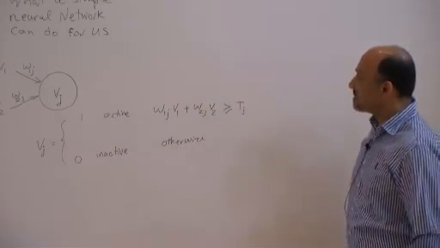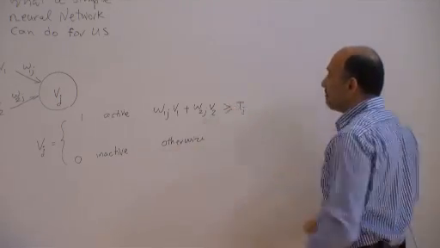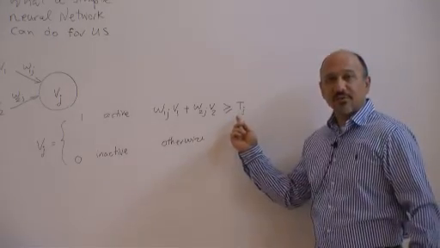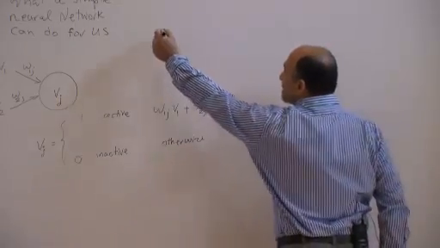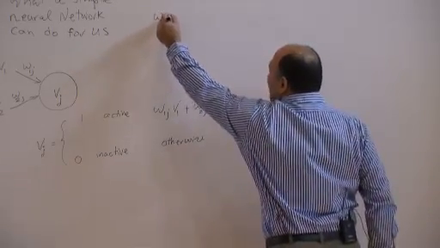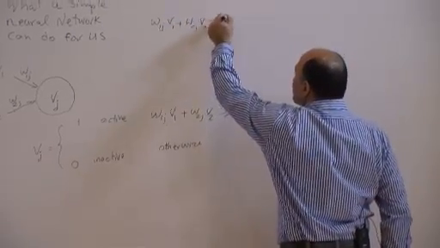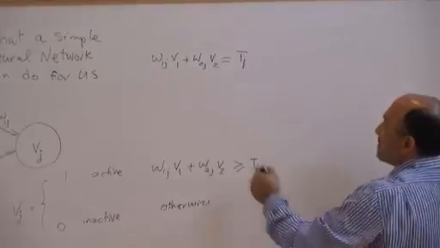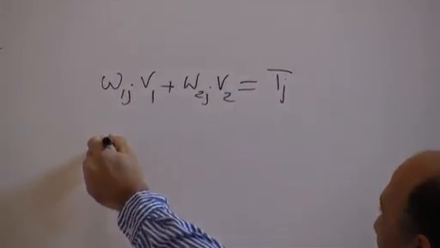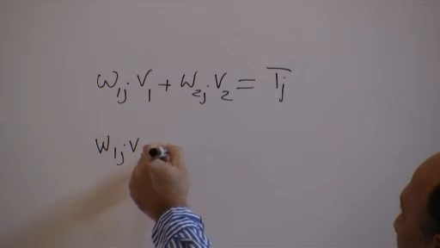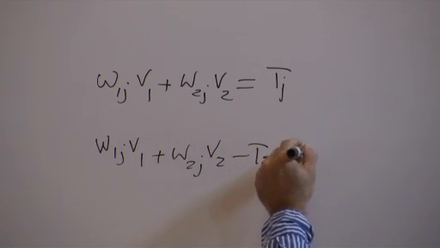So what type of decision making does this neuron do? If we look at the boundary of the decision, it is when we use the equal sign. So the boundary of decision is where we have W1j V1 plus W2j V2 equal to T sub j. Now we can rewrite that in a more familiar form as W1j V1 plus W2j V2 minus Tj equal to 0.